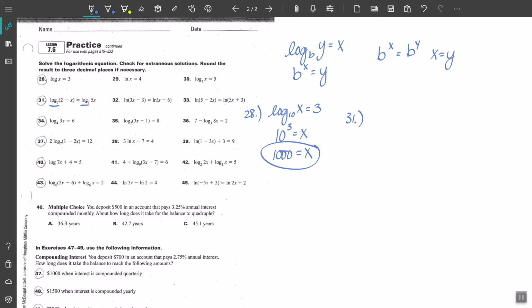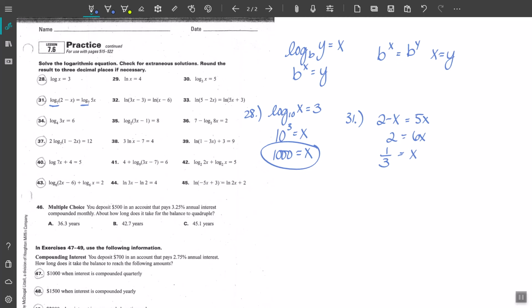And since both of those logarithms are sharing the same base, we can set 2 minus x equal to that 5x on the other side. All right, and then this becomes a very simple problem, with x equaling 1/3 here.